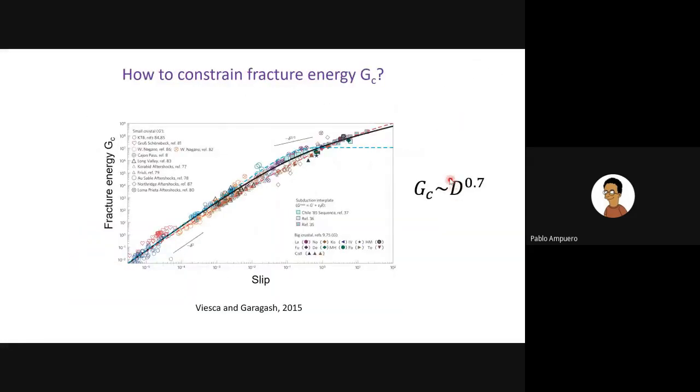And what do we know about fracture energy? Well, this can be somewhat constrained by seismological observations. There's a very nice paper by Viesca and Garagash showing one example of how one can use seismic observations and the theory of thermal weakening to explain how the fracture energy might scale with slip.